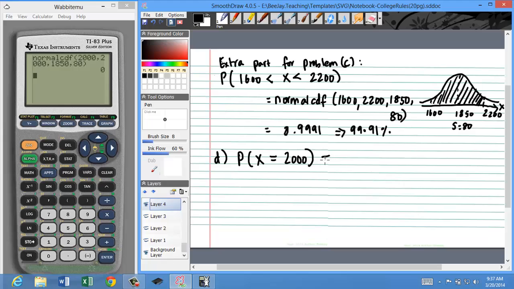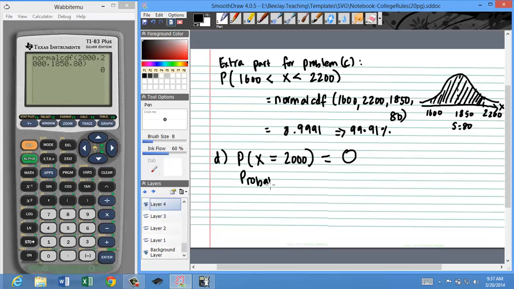So does this make any sense? Well, it should make perfect sense because the data variable that we have is continuous. With a continuous data variable, the exact probability is always 0, because with continuous data, probability corresponds to area.